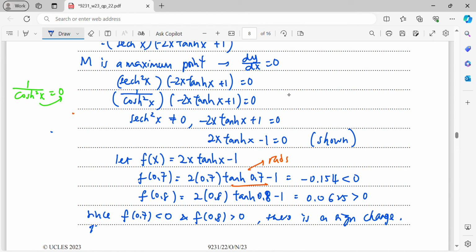So according to the sign change rule, there will be a root between 0.7 and 0.8. So this is how we verify the root between two values. Done for this part.